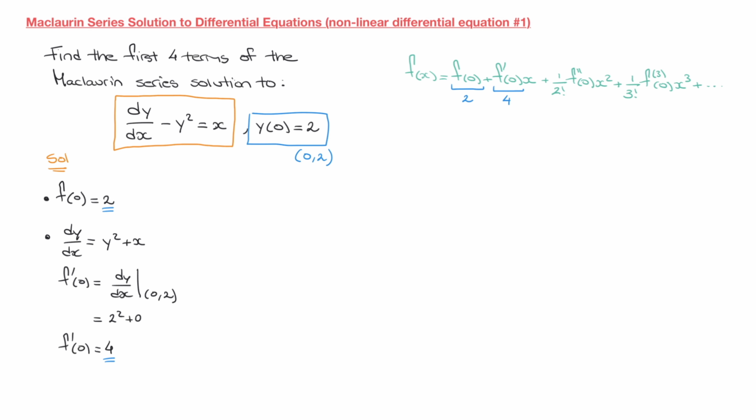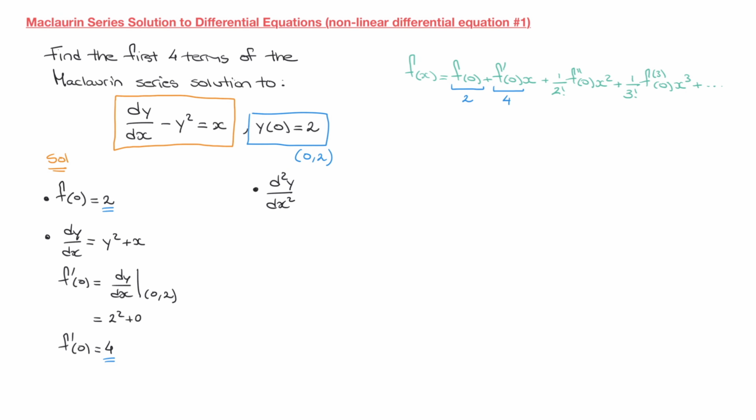I carry on. We now need the second derivative evaluated when x equals 0. And for that, I'll make another bullet point here. For that, we need an expression for the second derivative. Using the expression we have for dy dx that I'm hovering over right now, to find the expression for the second derivative, all we have to do is differentiate this with respect to x.